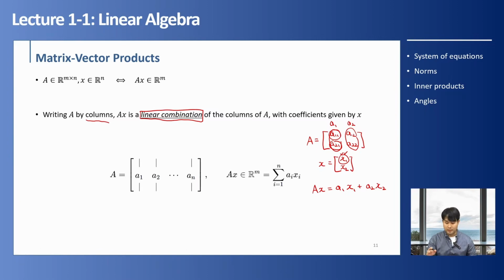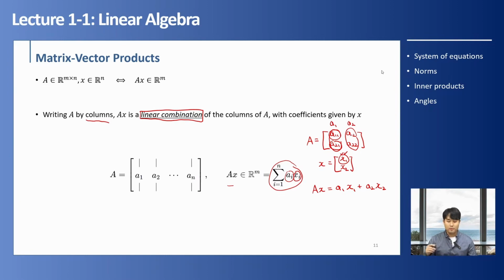And again, if we extend this example to a more generalized case, Ax becomes a linear combination of the column vectors weighted with coefficients given by x. So based on the two different ways that we could represent our matrices, the inner product of a matrix and vector can be seen in two different ways.